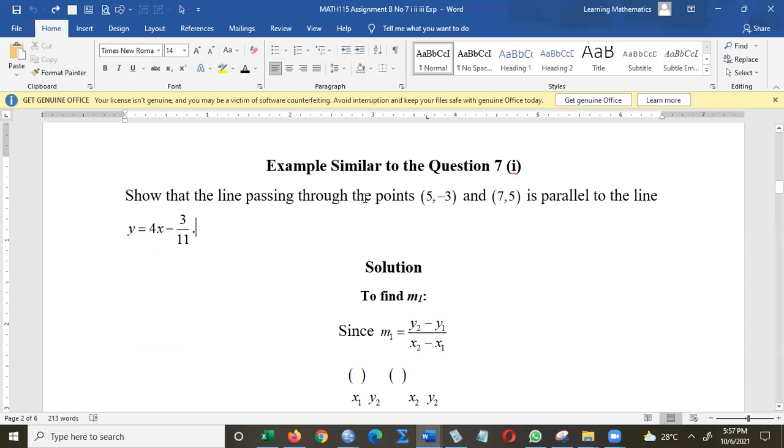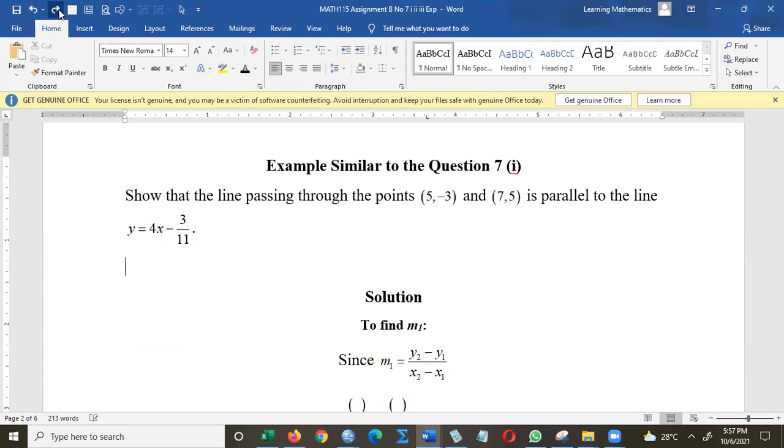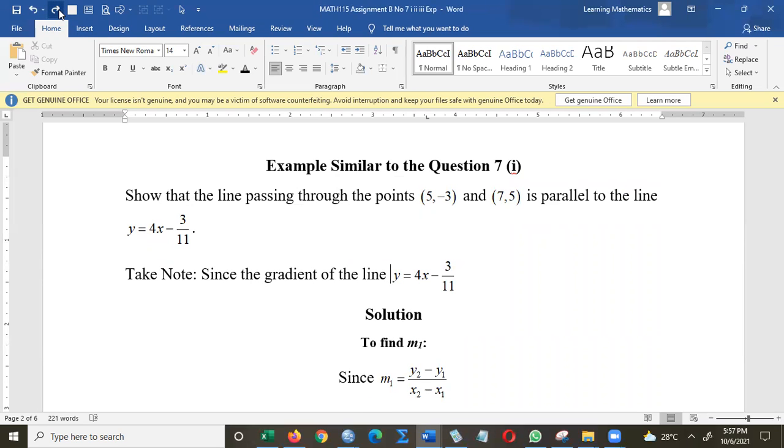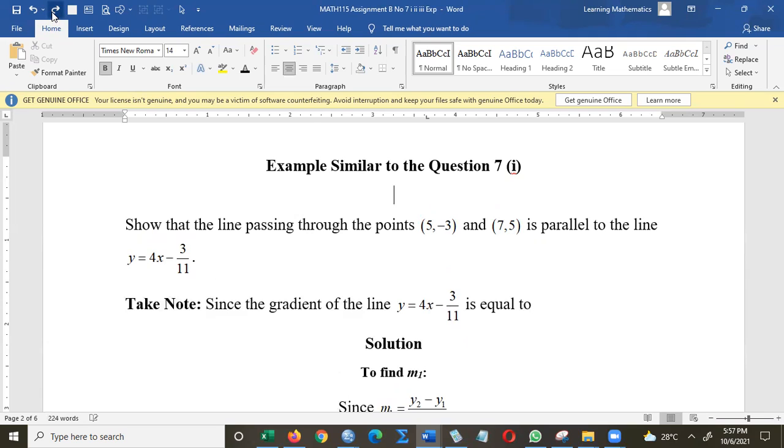Okay. Now we have to reiterate, to take note, that the gradient of the line y = 4x - 3/11 is 4, because y is the subject of the formula. When you have y as the subject, the coefficient of x will always be the gradient, and c, the constant, will be the number by itself.